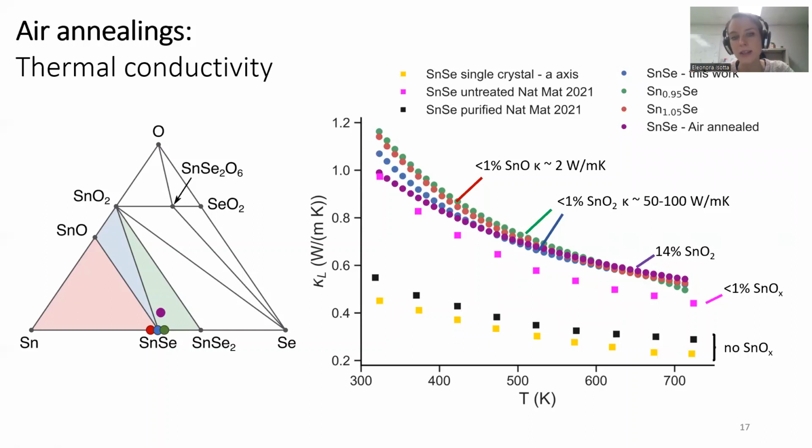So we believe that the oxide explanation for the difference in thermal conductivity of polycrystalline versus single crystal samples might actually not be accurate. And so we think that maybe there could be other explanations to justify this difference.